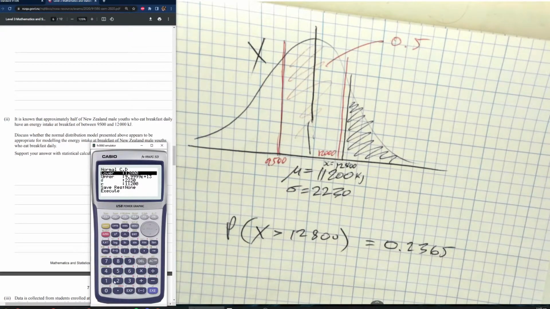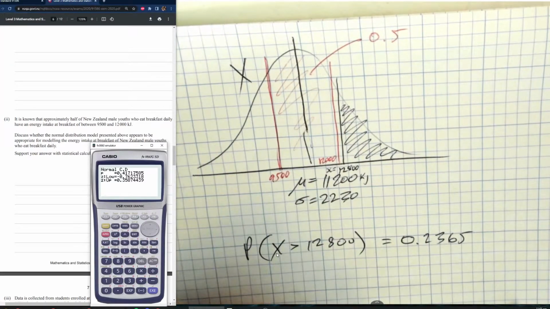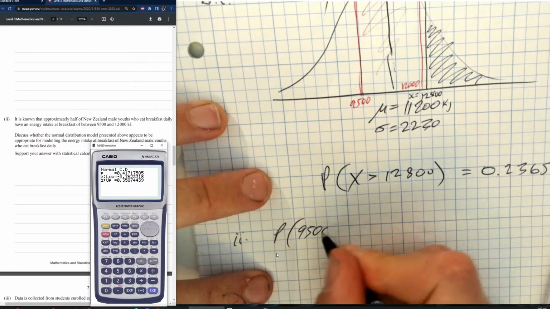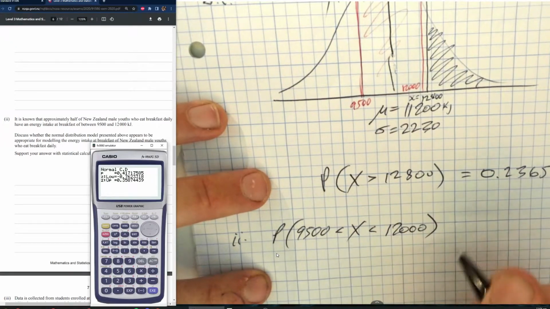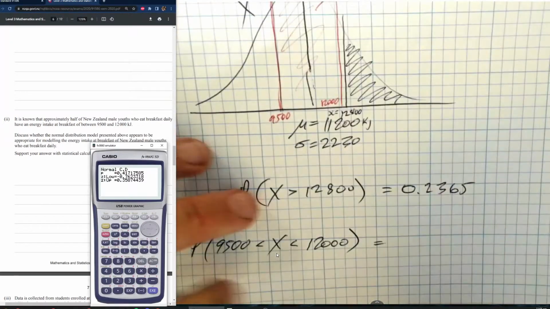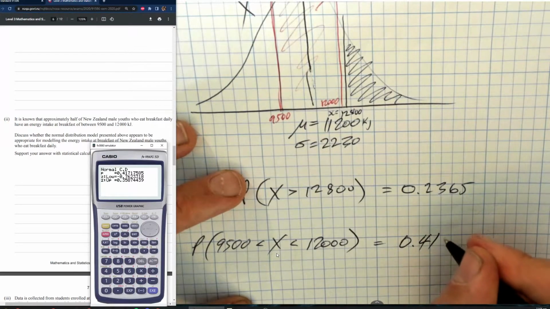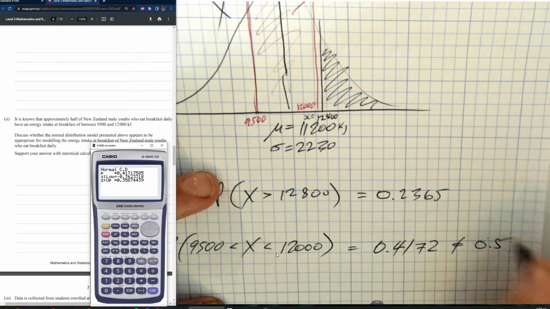Let's just change our lower to 9,500 and our upper to 12,000. Okay, so P that they are between 9,500 and 12,000 is equal to 0.4172, and that does not equal 0.5.